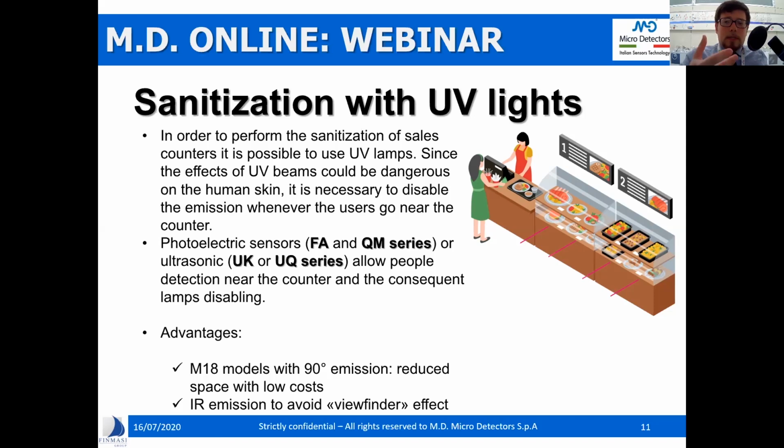And also in this case, we can base on M18 models with 90 degrees emission, so that we can reduce the installation spaces. And also in this case, when using photoelectric sensors, we can base on the infrared emission, avoiding the so-called viewfinder effect.